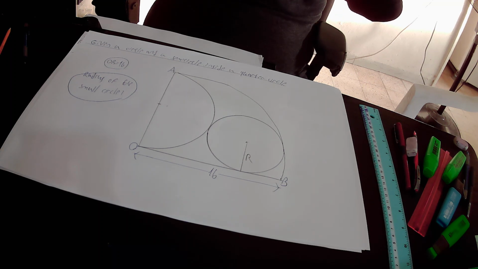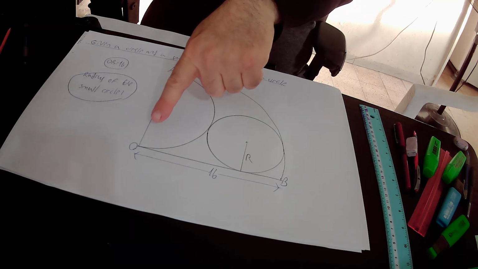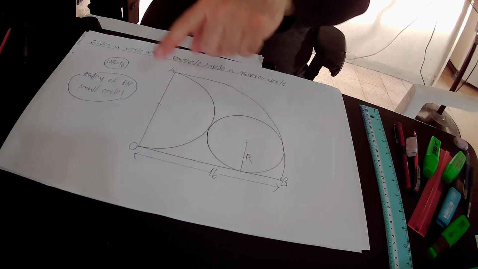Okay, so first of all, we know that AOB is a quarter circle, therefore this angle AOB equals 90 degrees in its size.